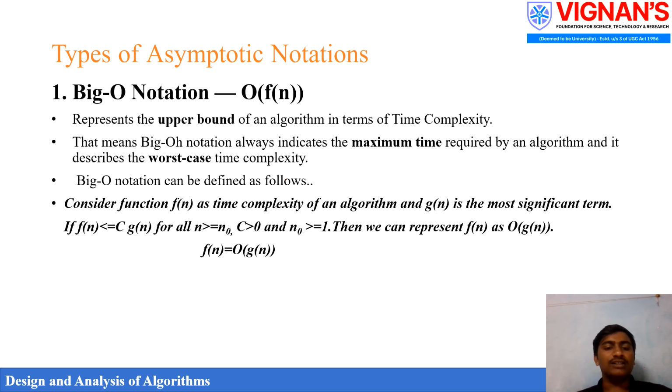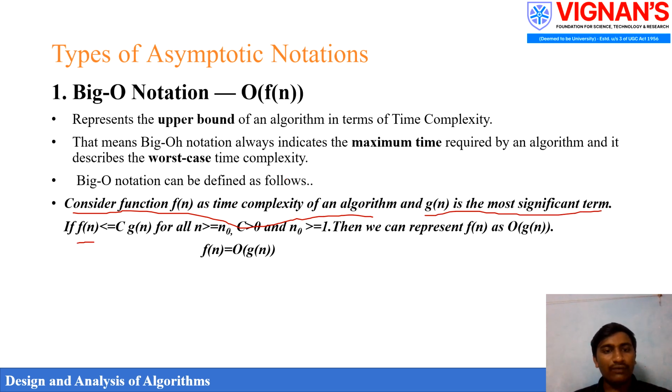Coming to big O notation, big O notation represents the upper bound of an algorithm. It gives the worst case time complexity, meaning the maximum time an algorithm may take. Consider f of n as the time complexity of an algorithm, and g of n is the most significant term.